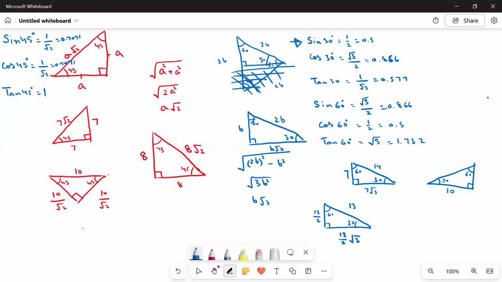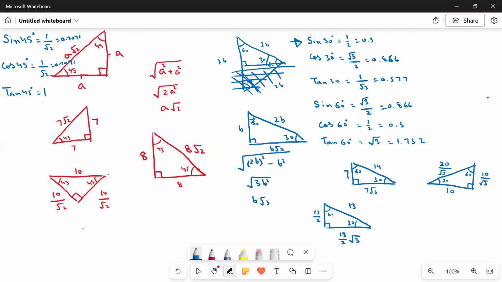Remember the ratio between the opposite of 30 and the adjacent to 30 is 1 to root 3, right? So this must be root 3 less. So I have to divide this one by root 3 to get this one. Make sense? And of course, the hypotenuse is double of this, so it will become 20 divided by root 3. Okay, so this is how you solve the 30-60 degree triangle.